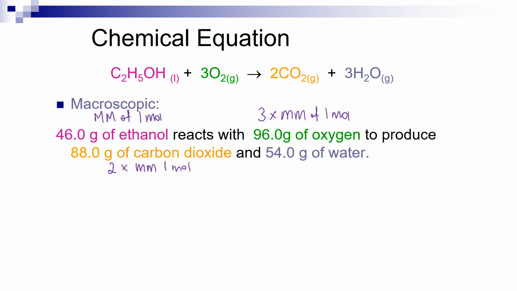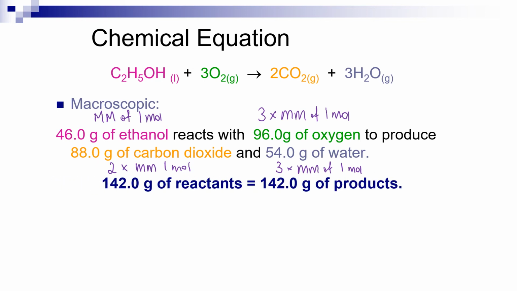It will produce 54 grams of water, which is the same as 3 times the molar mass of 1 mole of water. And that's going to happen under proper conditions. So theoretically, if we use 142 grams of reactants, we should produce 142 grams of products.